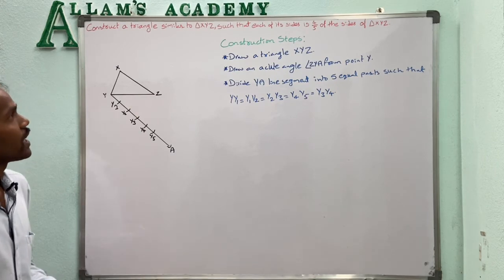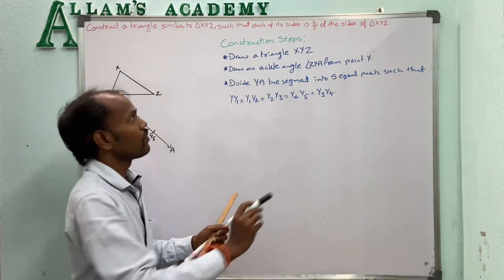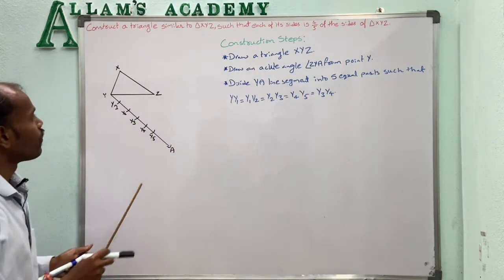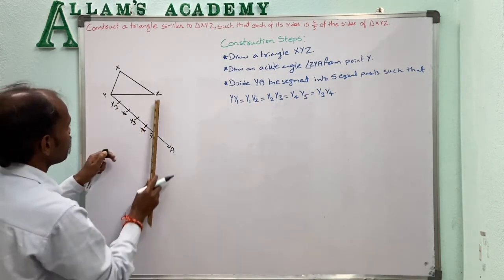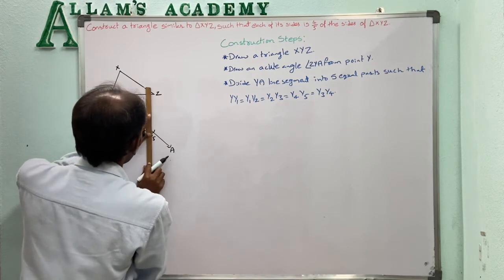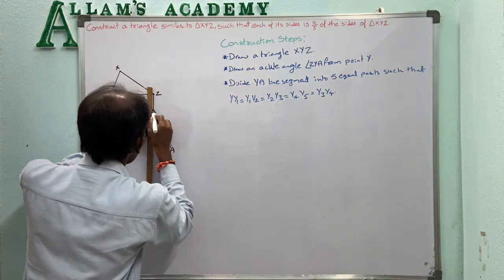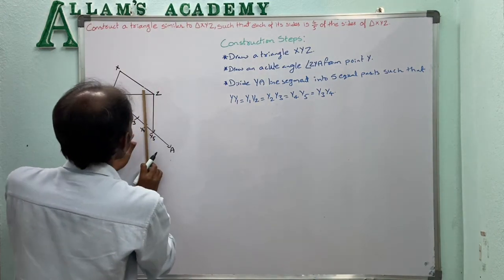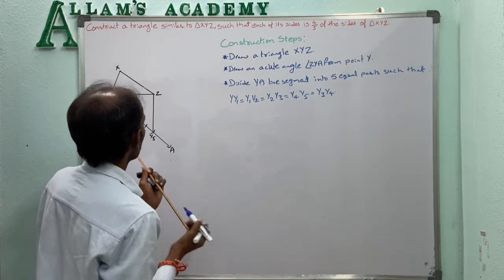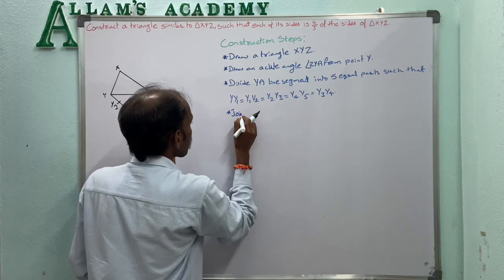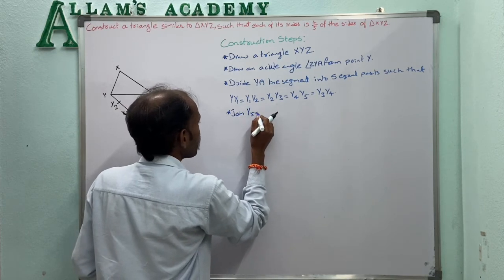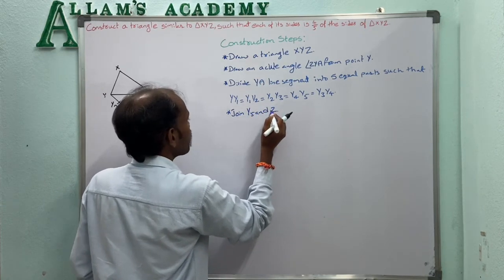Next, here the denominator is 5. So from the y5 point, join to Z, so the y5Z line segment is joined.